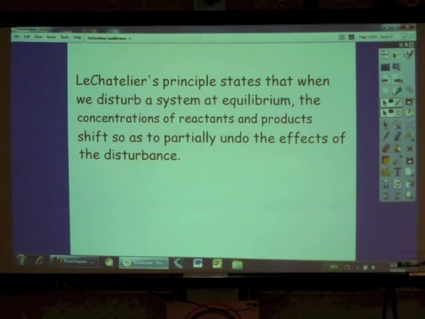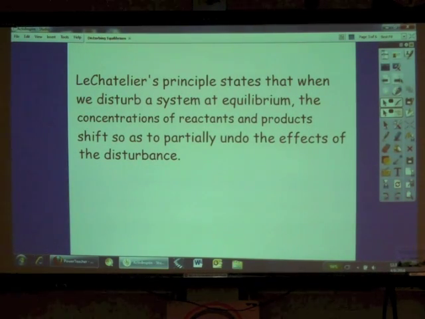Okay, so part of the problem with talking about Le Chatelier's principle is this idea of shifting concentrations, and shifting in terms of the reaction moving to the right, or shifting so that the reverse reaction rate increases momentarily.